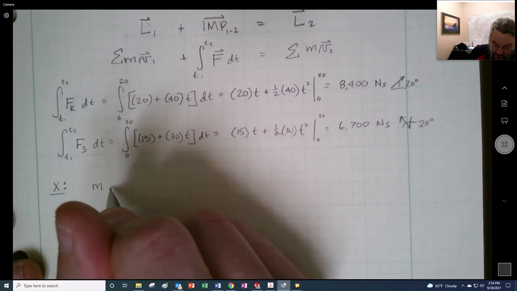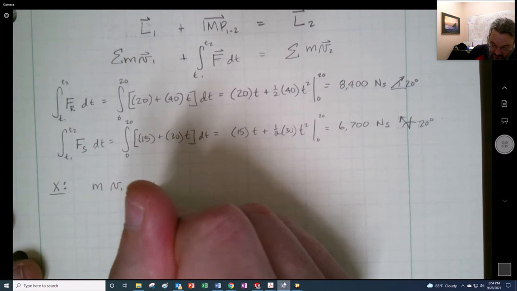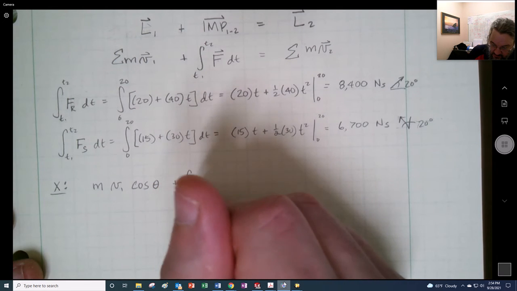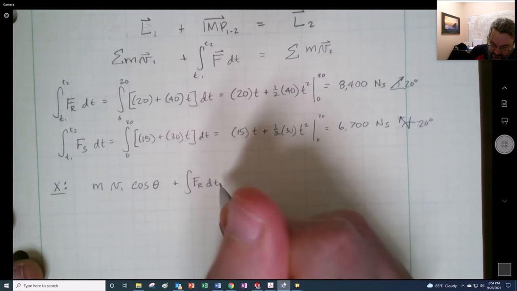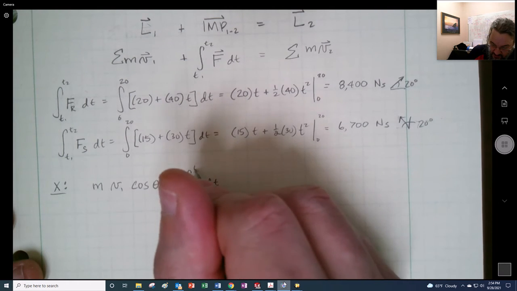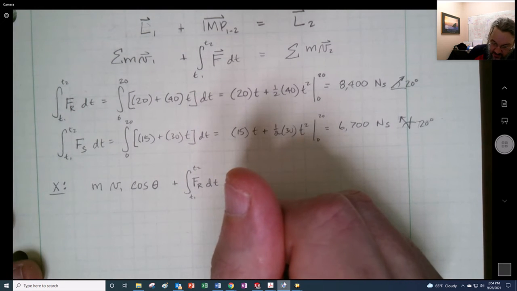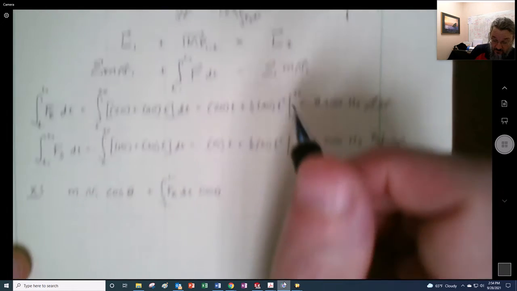I'll go m v1 cosine of theta plus the integral FR dt from T1 to T2 times, in this case, the cosine of theta, because that's the angle right in there.